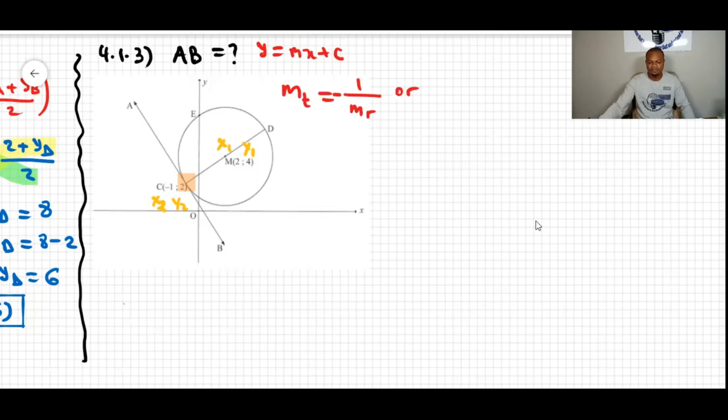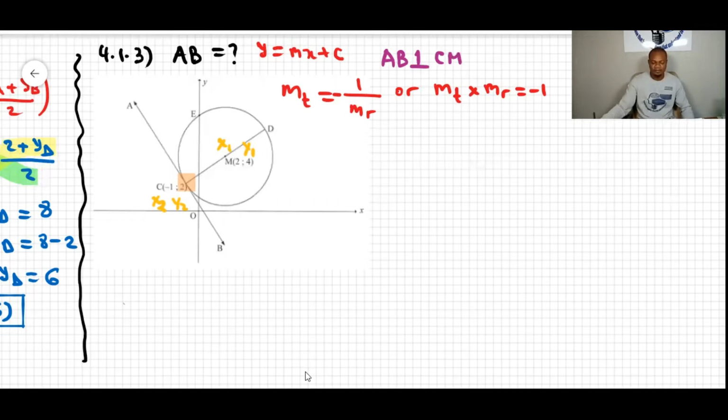Sometimes people write this as the gradient of the tangent line times the gradient of the radius equals -1. You can use either of them, and it will still lead to the right answer. Now, what we know from the diagram is that the line AB is perpendicular to CM.